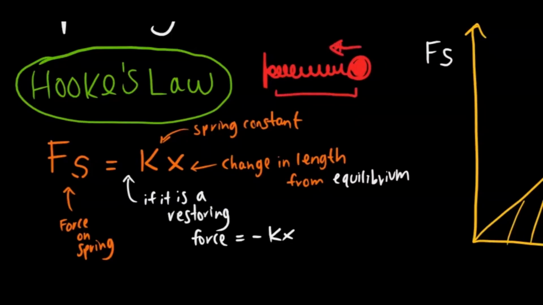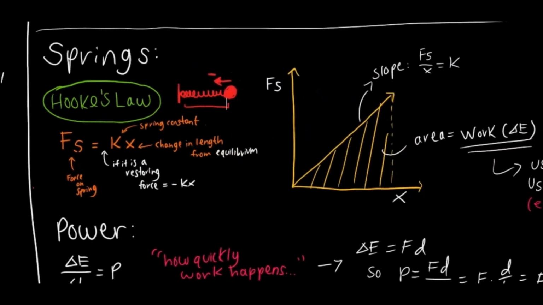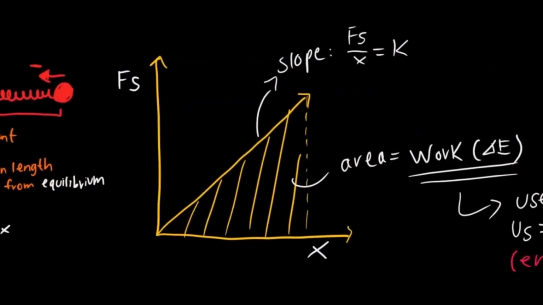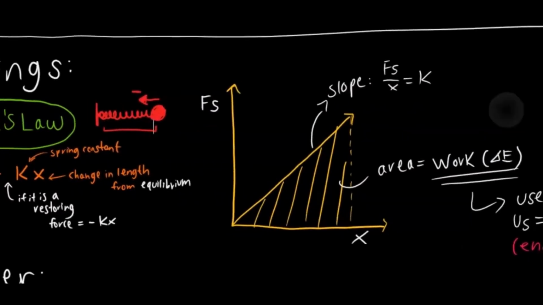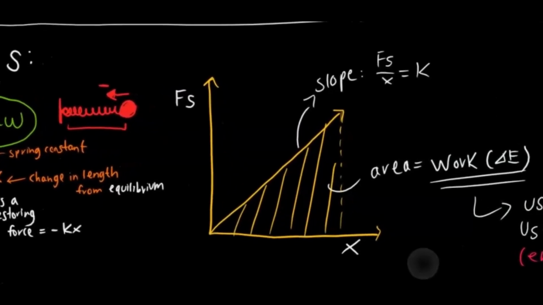Once it reaches its maximum displacement, there needs to be a force which acts in the negative direction to get that ball to go back and go through its equilibrium position again.